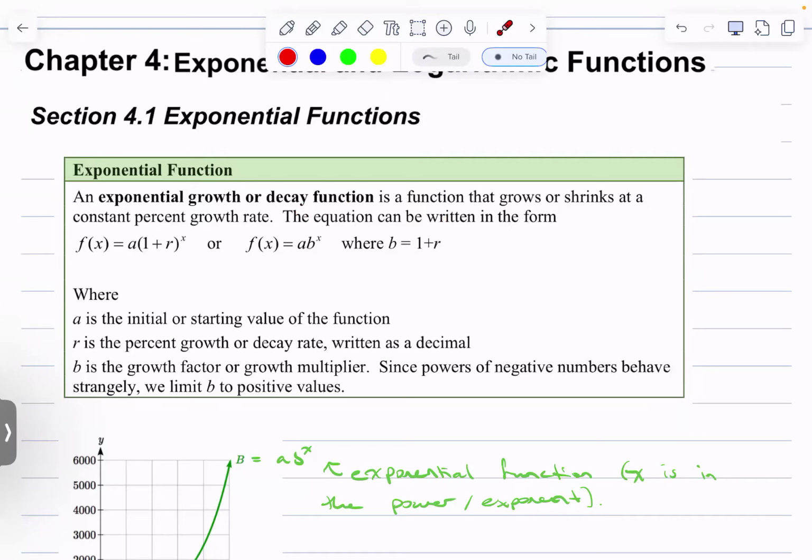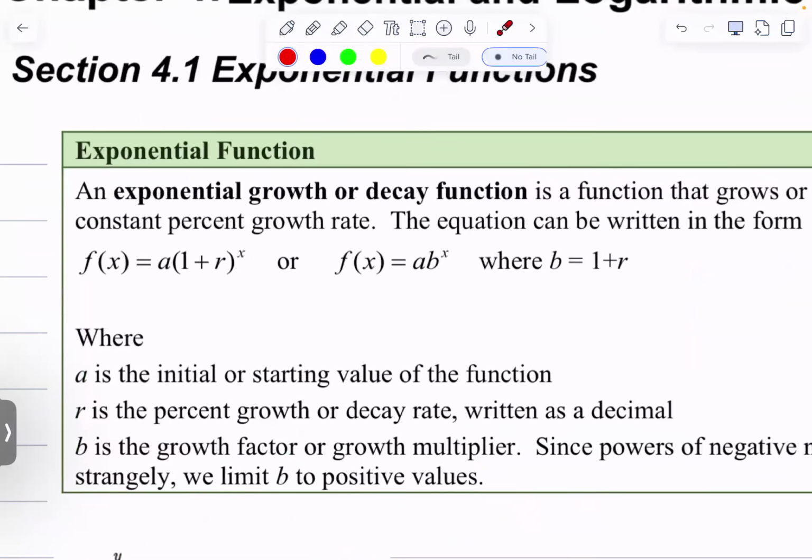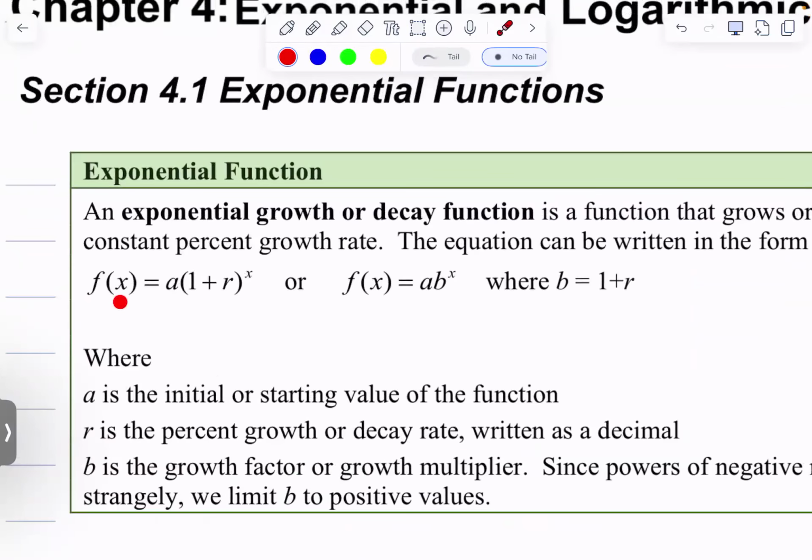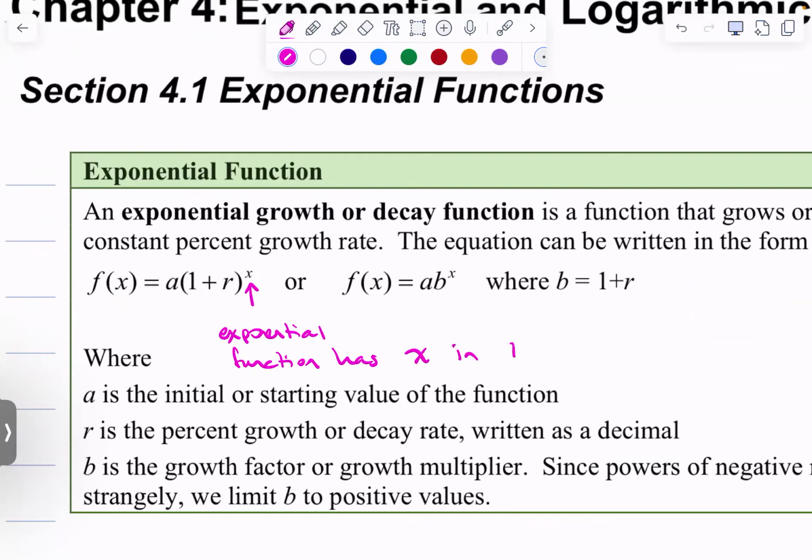Now, there are two ways that we can write this equation. I'm going to just zoom in here. We could write f of x is a times 1 plus r to the power of x. Okay? Now, this power of x is what makes it an exponential function. It has x in the power.